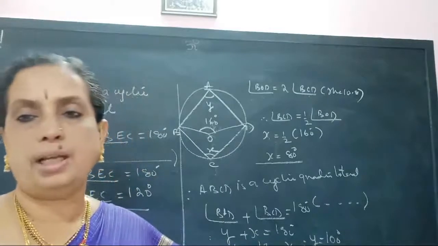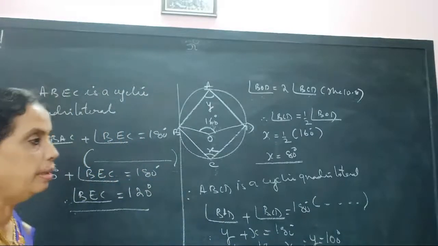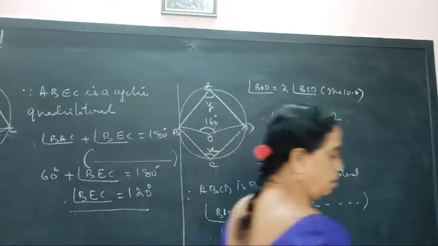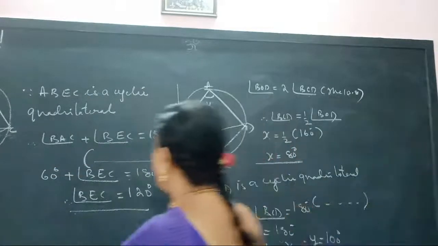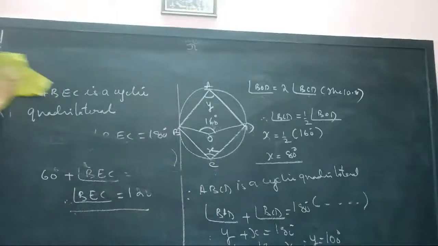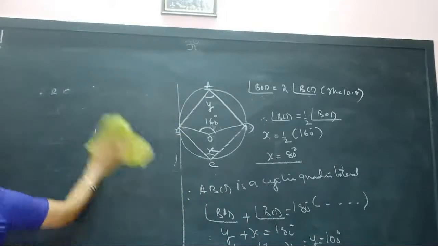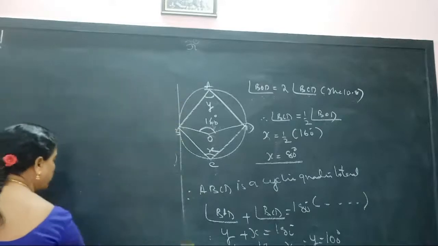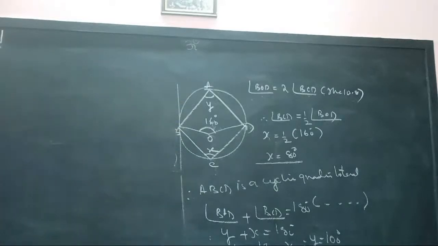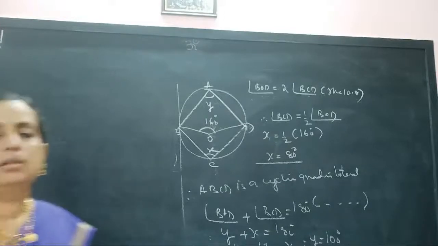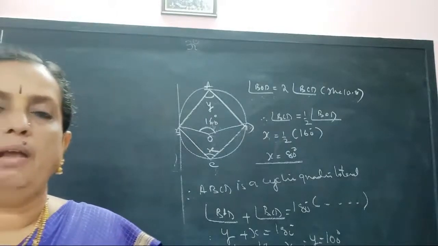So with reason, with the property mentioned, you have to find out the answer. If it is MCQ, no problem, direct answer you can opt, but for descriptive, we need the steps. Is it clear? Have you all taken?